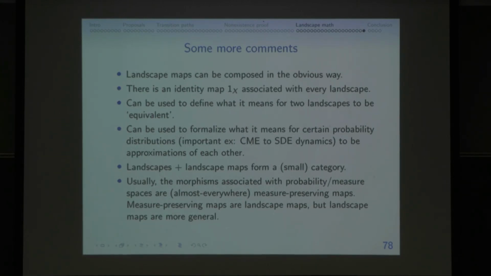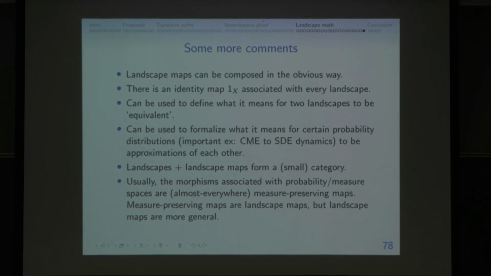They have some nice other properties, which I'm just mentioning here for completeness' sake. You can compose them. There's an identity map. If you take landscapes plus landscape maps, you get a small category. They can formalize some other things. And then lastly, normally when people think about categorifying probability spaces or measure spaces, they talk about measure preserving maps. This is a notion which is a little bit more general.